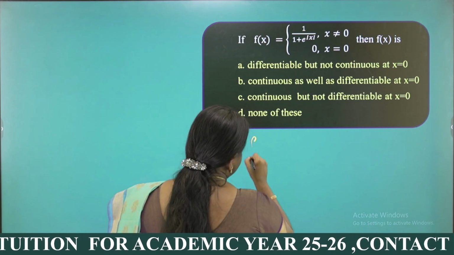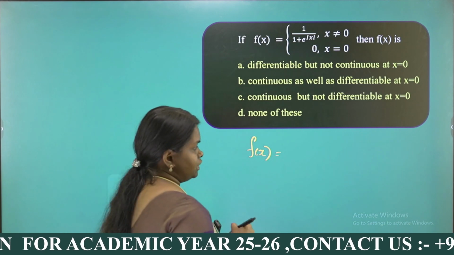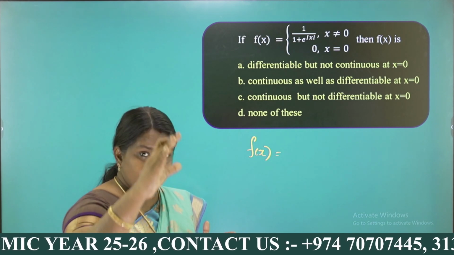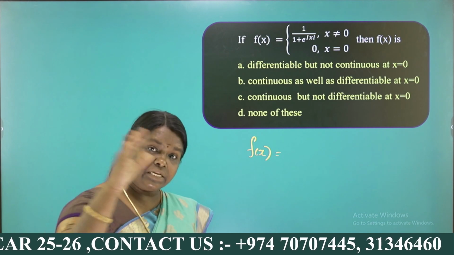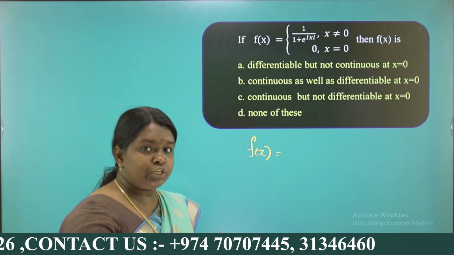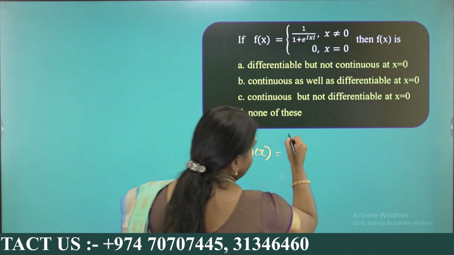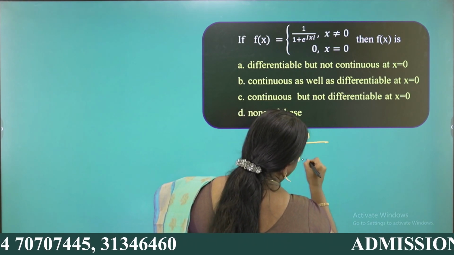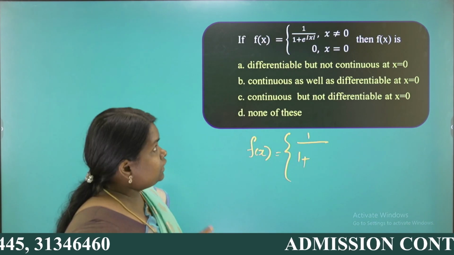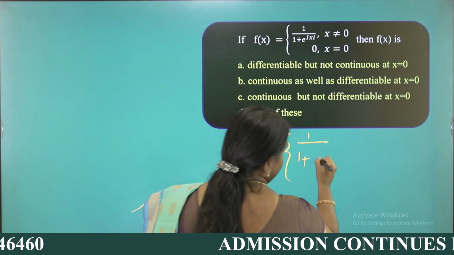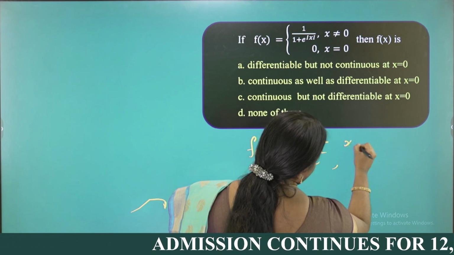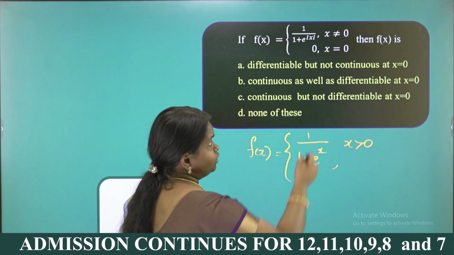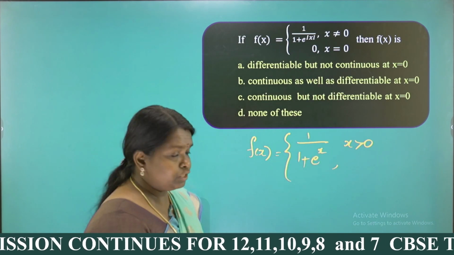I'm just rewriting this function like this. You know mod x we can split as positive x when x is greater than 0, negative x when x is less than 0, and equal to 0 when x equal to 0. So I can write here 1 divided by 1 plus e raised to mod x, which is e raised to positive x when x is greater than 0, because at x equal to 0 the value is already given to you.